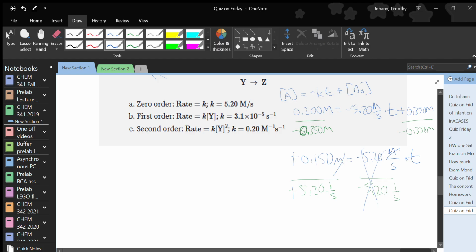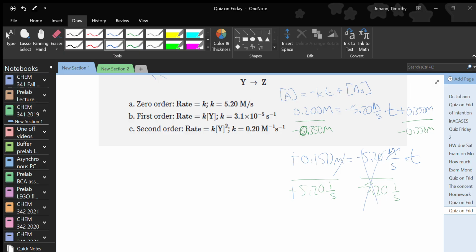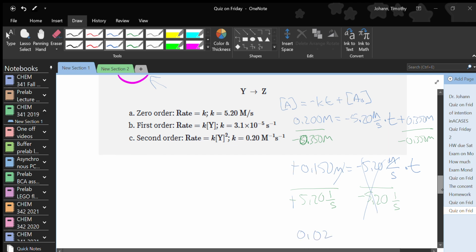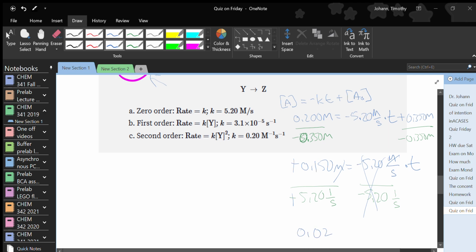It's like 0.02 something. I'm just going to match my significant figures above. I had 3 significant figures, so I'm just going to go ahead and use them. I subtracted, yeah, I still had 3 significant figures. Okay? Does that make sense, what I did there?